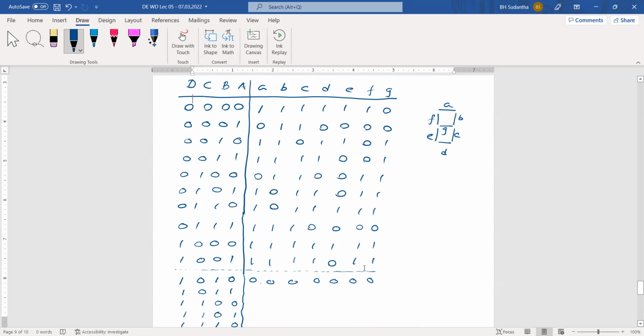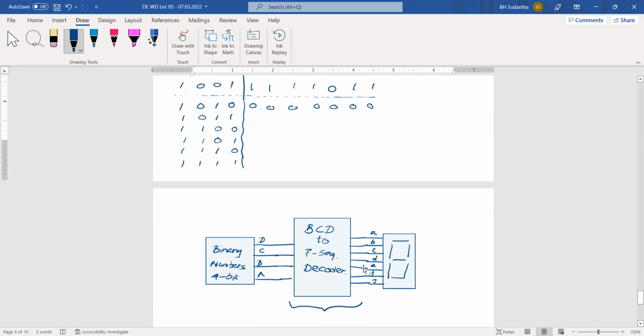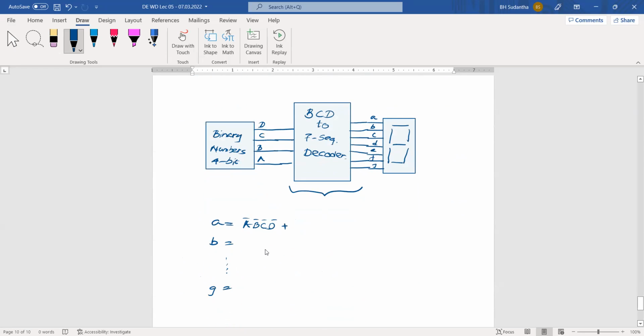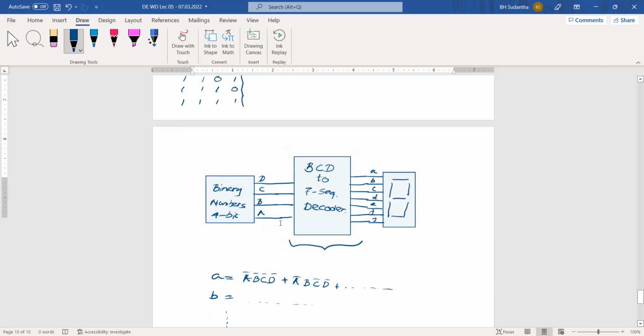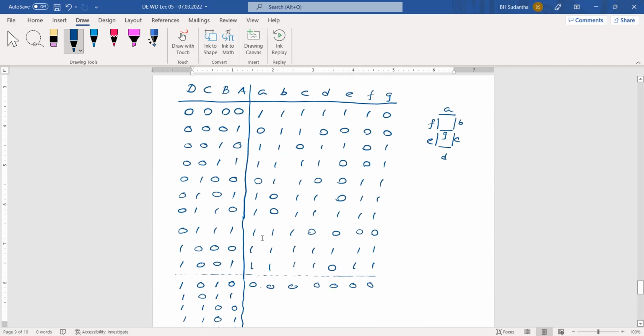Then A bar, B, C bar, D bar like this. Then you can write these equations. I'm not going to write them, but lengthy equations may be there. For segment A, how many ones are there? 1, 2, 3, 4, 5, 6, 7, 8. 8 ones are there. Then you can have a 4 variable Karnaugh map, and you can minimize these.